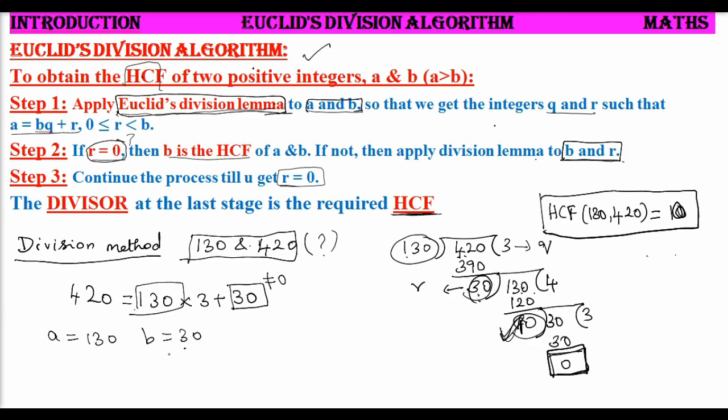That is what is given in Euclid's division algorithm also, right? Once you divided, you got quotient as 4 and remainder as 10. So I can express this 130 as B into Q plus R, right?